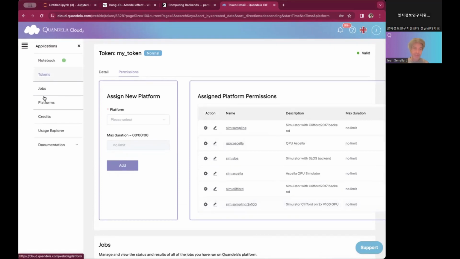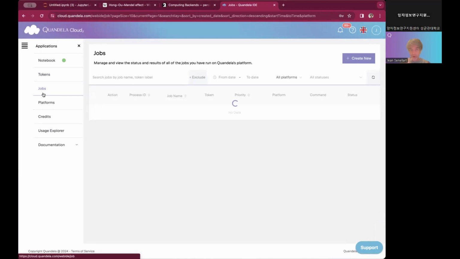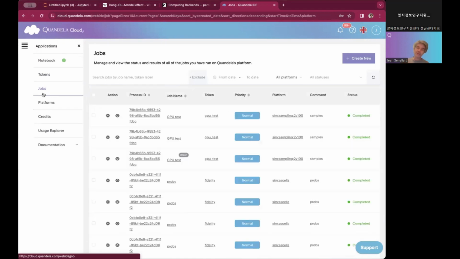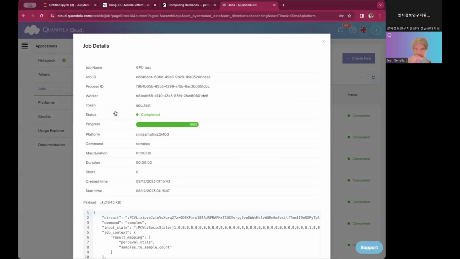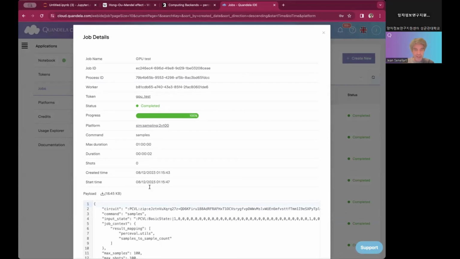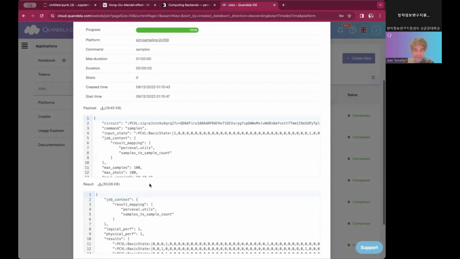So token is important. Job will show you all the jobs that you have been running. When you are running a job in your Perceval notebook, this creates a job here that you can see. We can look at the job itself. This is a test on GPU that I did in December. I requested 100 samples.